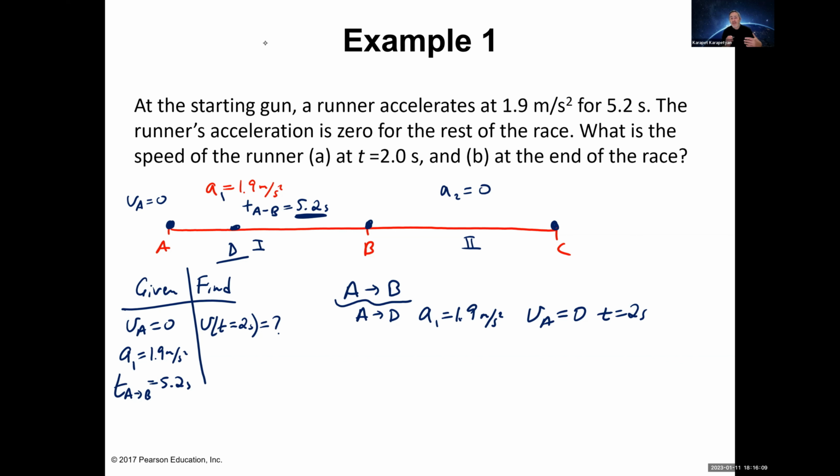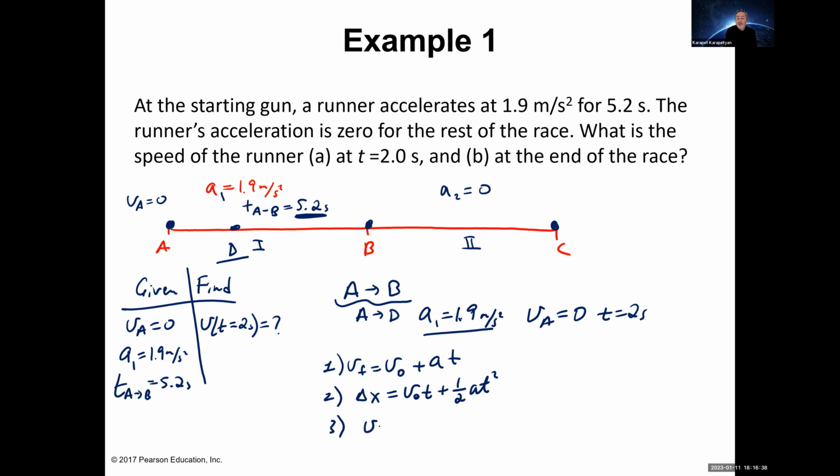Remember, when you identify the type of problem, then you can go and look at the formulas that deal with those types of problems. And remember, we're assuming it's a constant acceleration. You have 4 equations. Equation 1, V final equals V initial plus A times T. Equation 2, delta X equals V initial times time plus 1/2 A T squared.